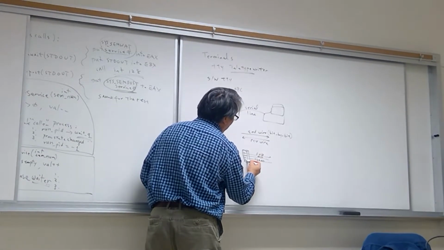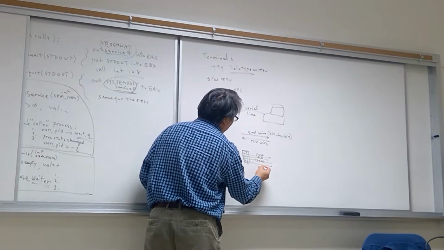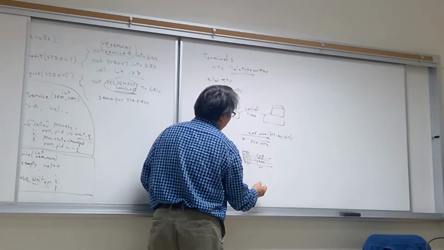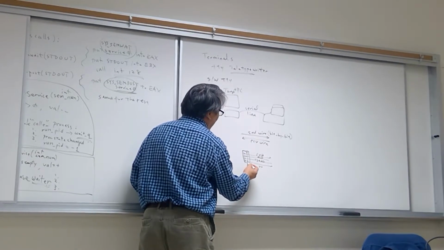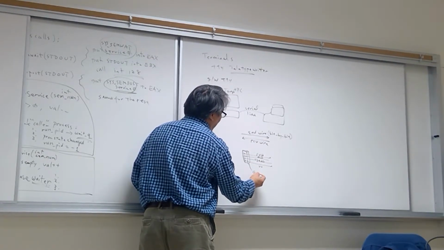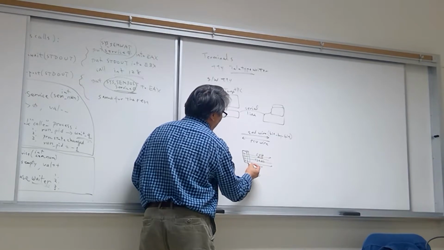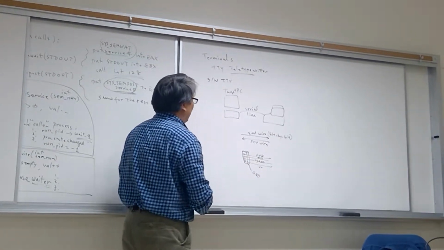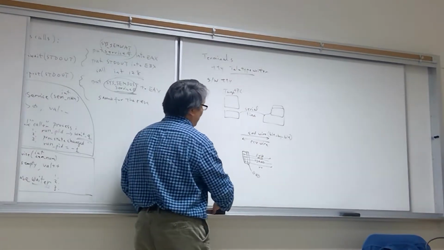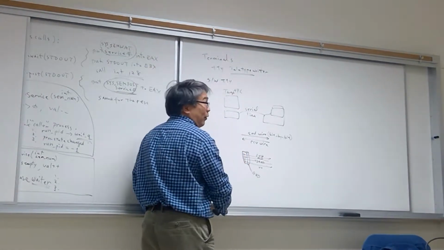Then you have power, that's the voltage, and this is the protected ground, the power ground, the big ground. So basically that's the serial port from way back.